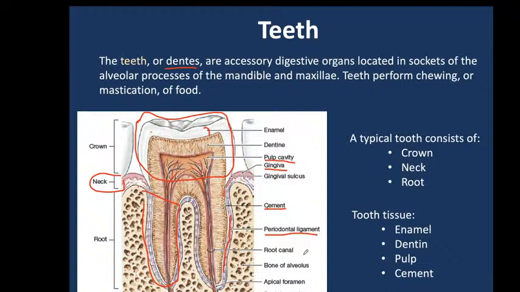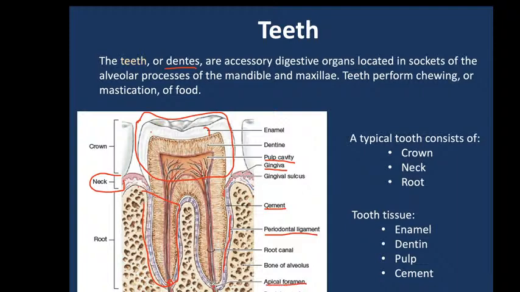So this is a very famous disease, parodontose, when people lose their teeth, if the parodontal layer is thick. And you see also the apical foramen here.